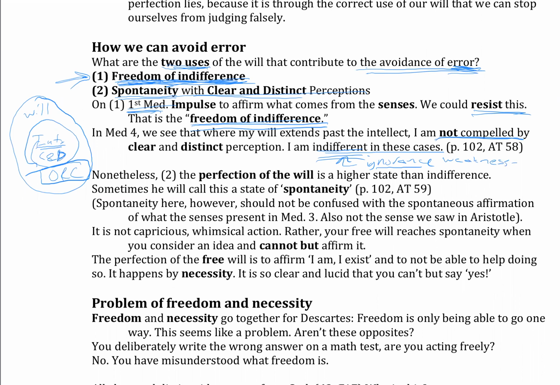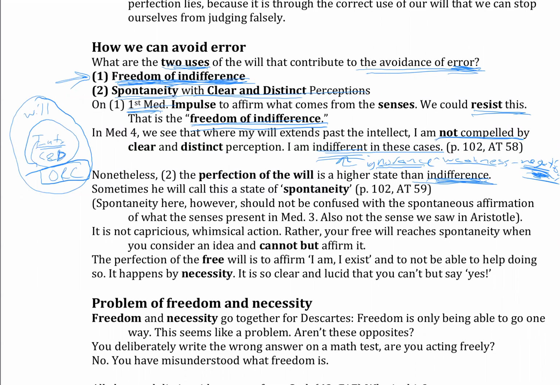It's a negation. And so the perfection of the will is a higher state than mere indifference. I mean, you know, my cat is indifferent in some ways, maybe. My cat doesn't know algebra, right? There's negation about my cat's knowledge of algebra. My cat is indifferent to algebra, ignorant of algebra.